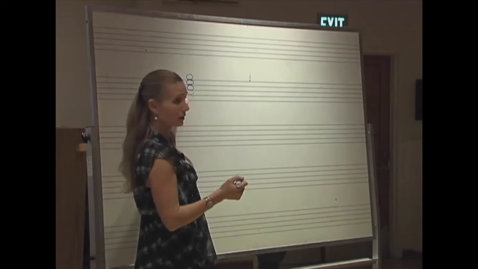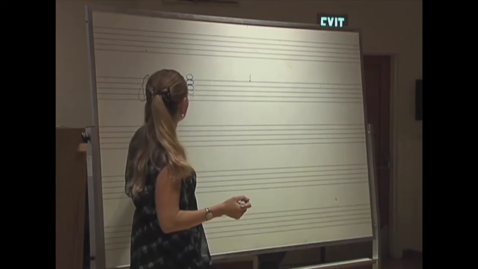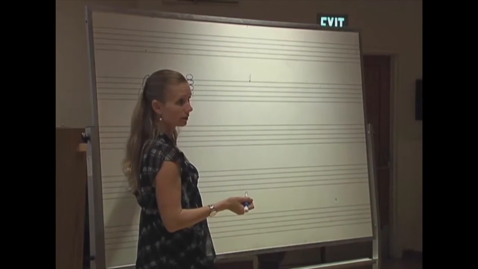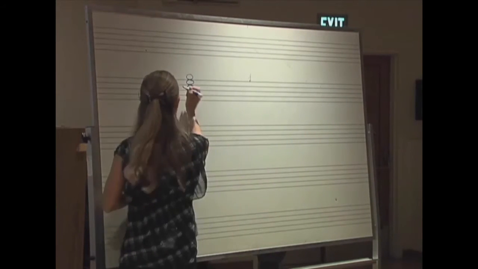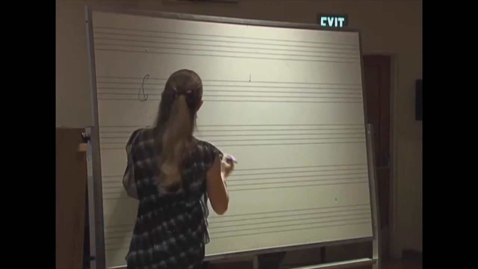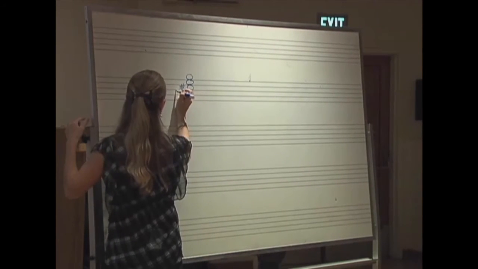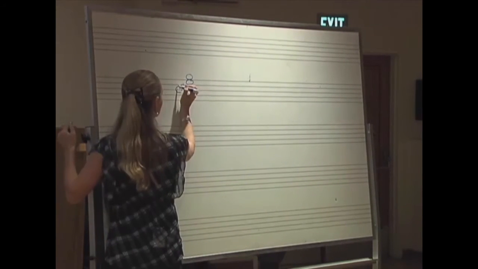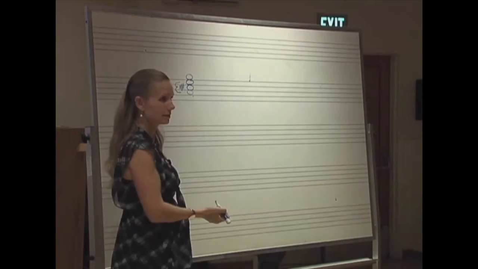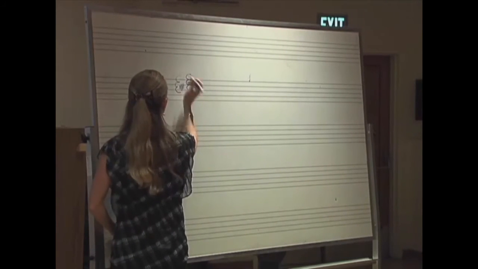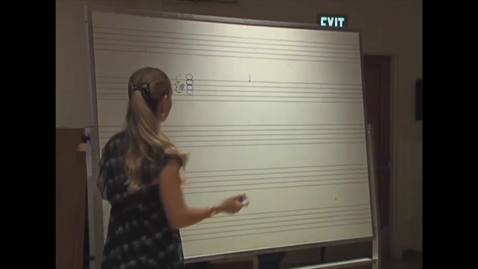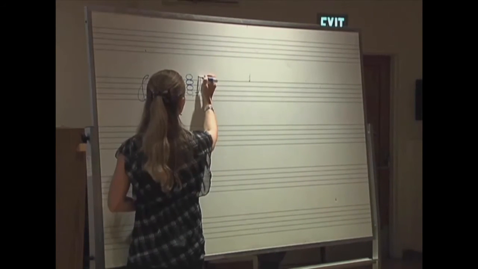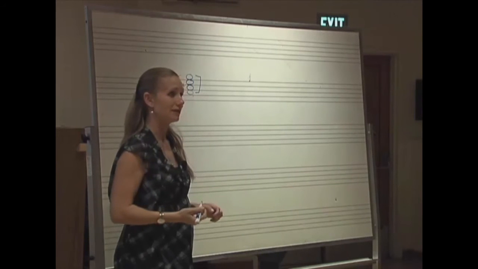So now I may need to make the quality. I can't change the A, but I need a major 3rd. So how do I do that? Raise this one, C sharp. So that is the major 3rd. Then I need a minor 3rd, which it is. And I also need a minor 3rd, which it is. You can check that by saying from A to G, what type of 7th is it?